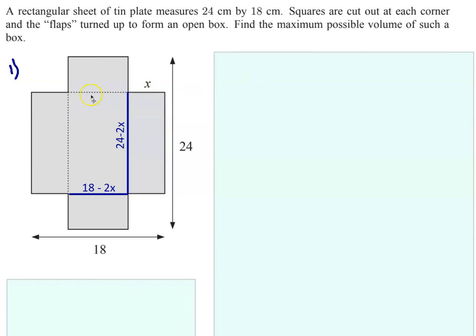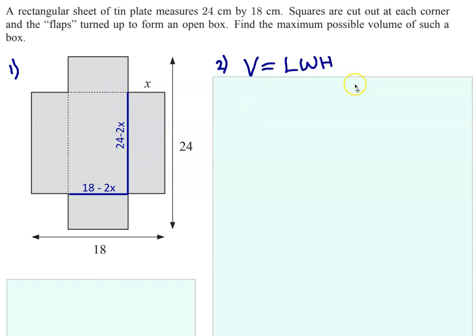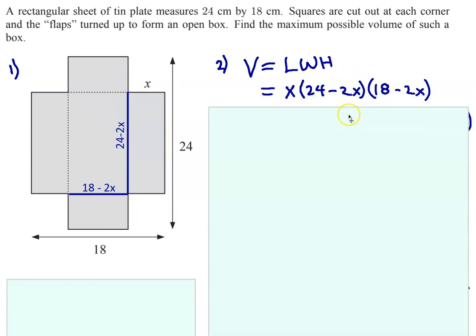Okay, let's come up with an equation for the volume in terms of x. The volume of a rectangular prism is length by width by height. So the length is 24 take 2x, the width is 18 take 2x, and the height is x. I've written those in a slightly different order, with the height in front, because that's the standard way of writing algebraic expressions like this.